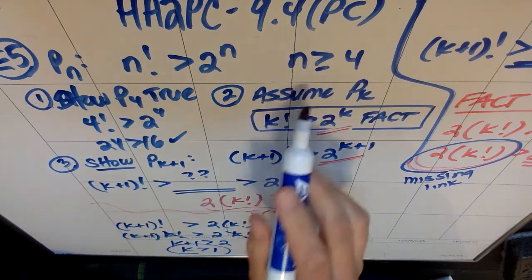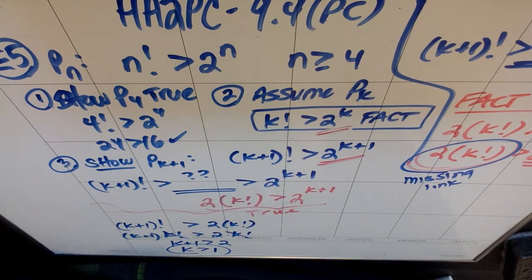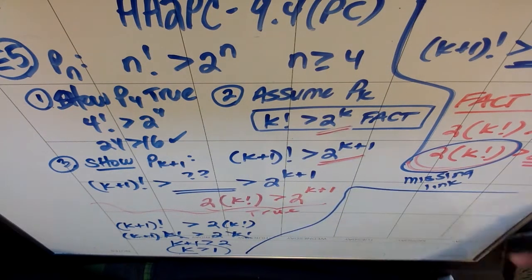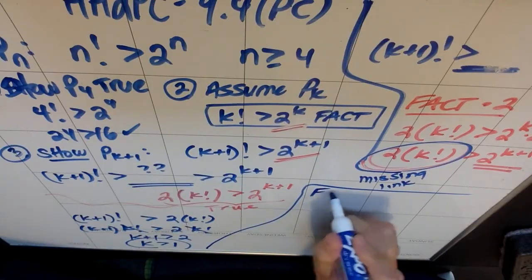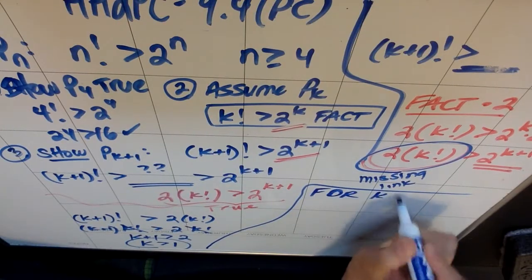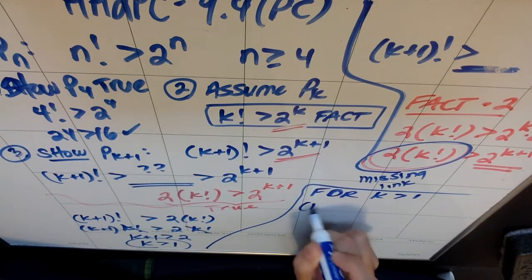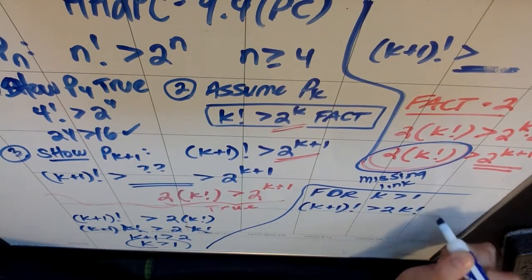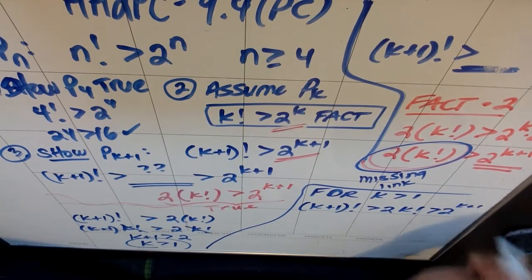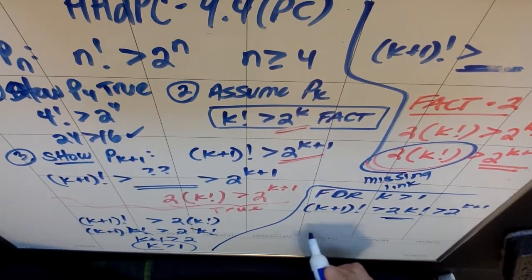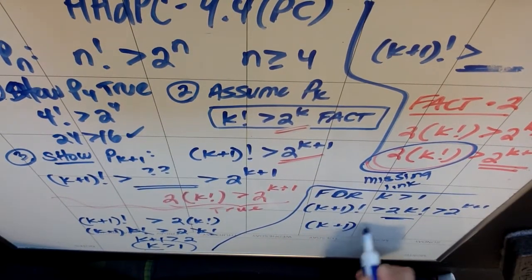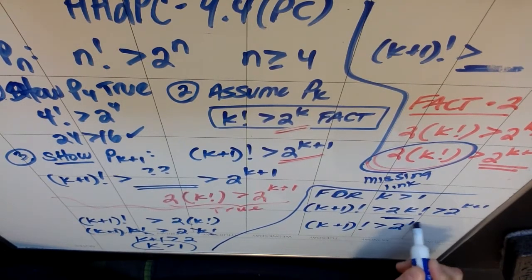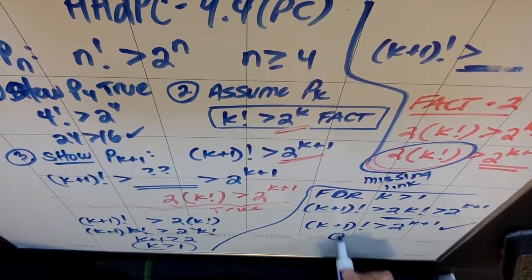Well, I already know k is greater than 1 because they told me to start at 4. So now, to finish my proof, I know that for k values greater than 1, k plus 1 factorial is bigger than 2 times k factorial, which is bigger than 2 to the k plus 1. So I can cut out the middleman and say that I have proven that k plus 1 factorial is bigger than 2 to the k plus 1. Check.